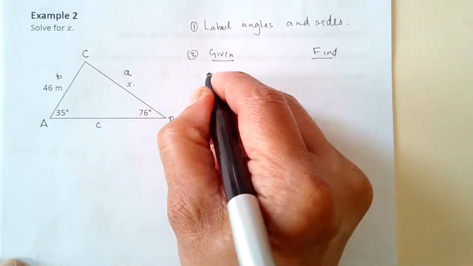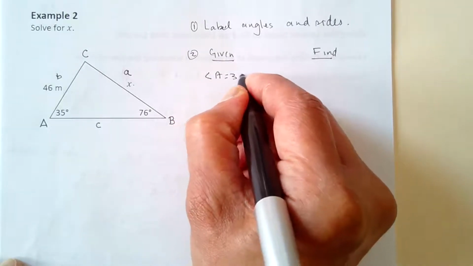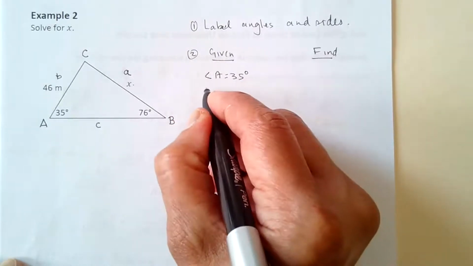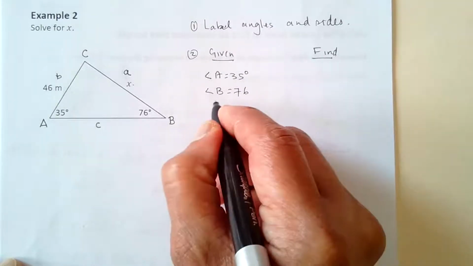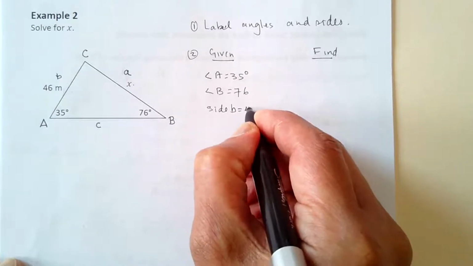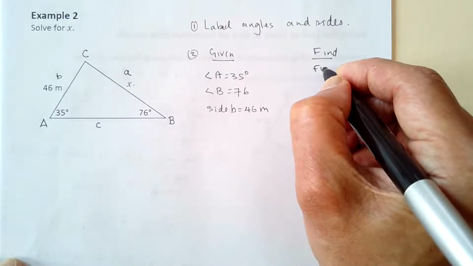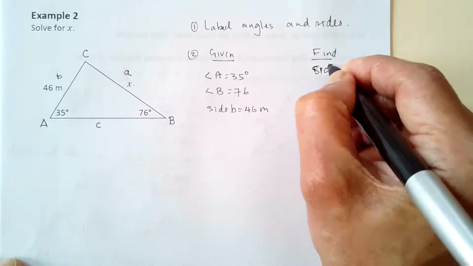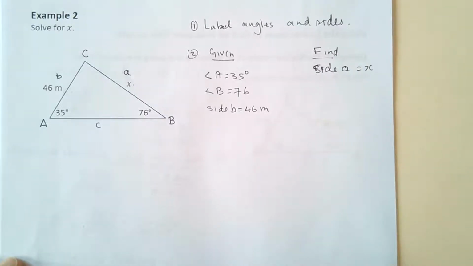We're given angle A, angle B, side B, and we need to find side A, which is equal to x.